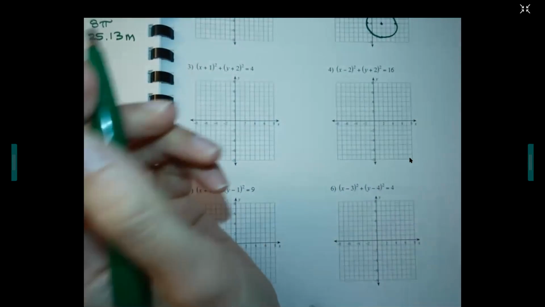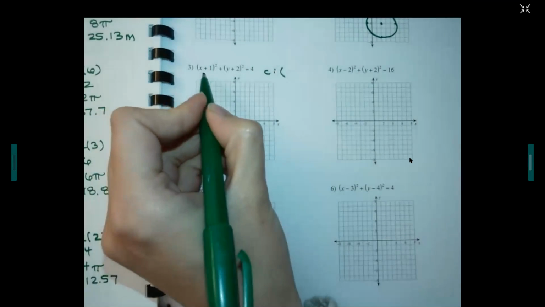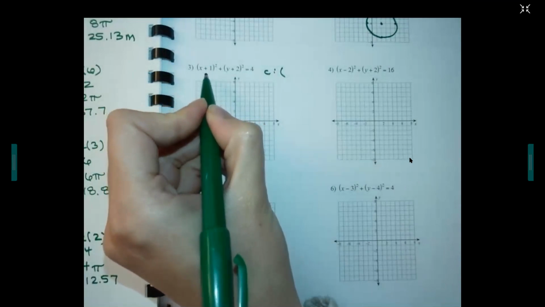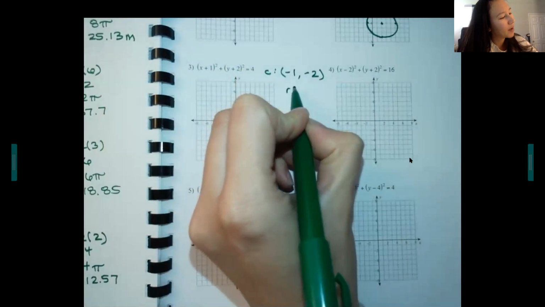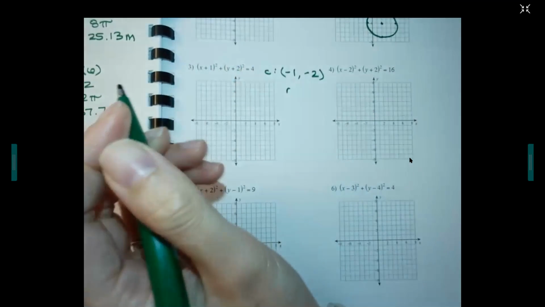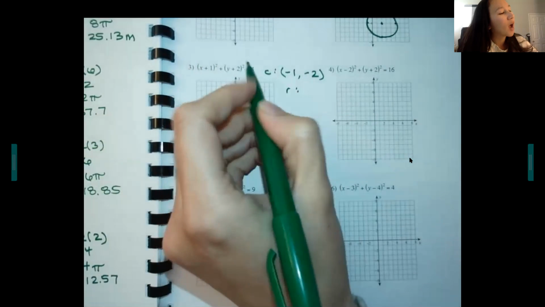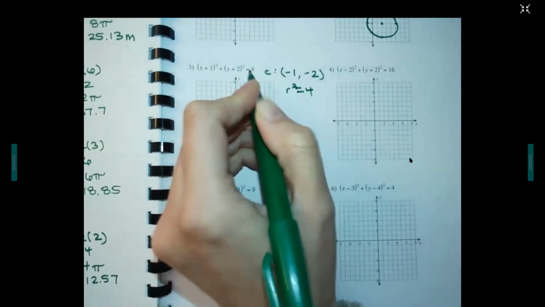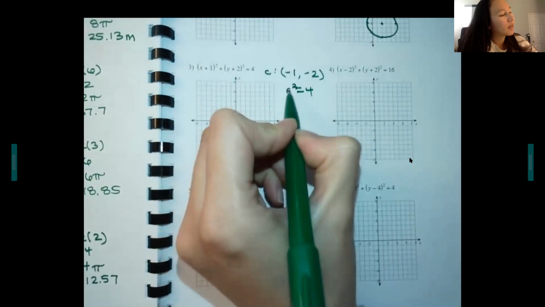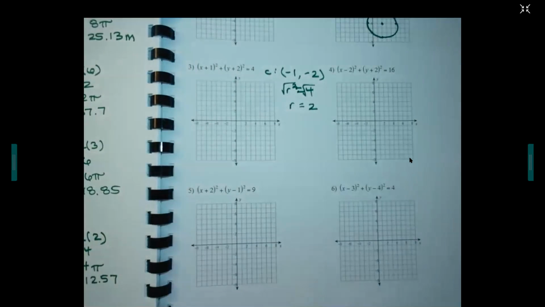Yeah. Okay, what'd you get for the center? All right. So I got -1 and then -2. Yep. And what about for the radius? For the radius, I got 4. Right. R squared is 4. So this over here is equal to R squared. So you have to take the square root of that number to get R. And then it'll be 2.